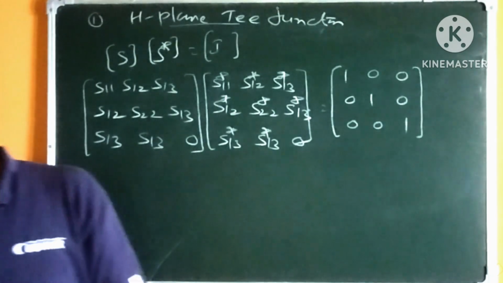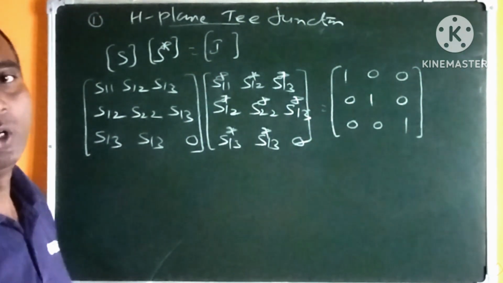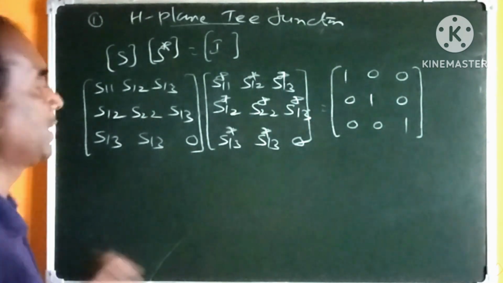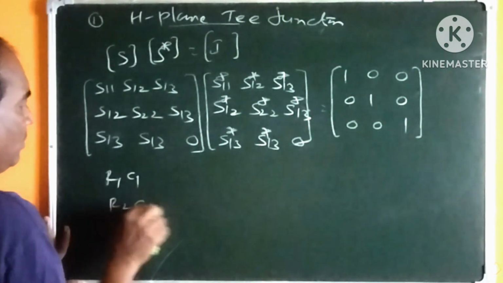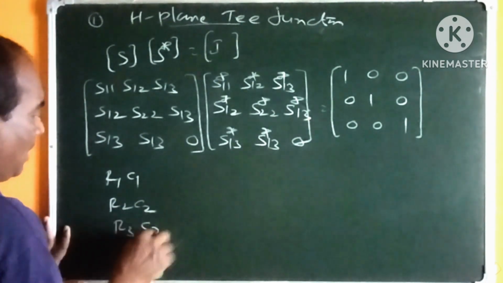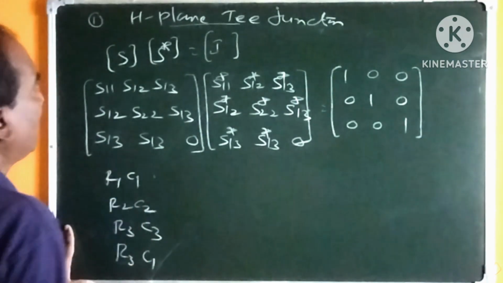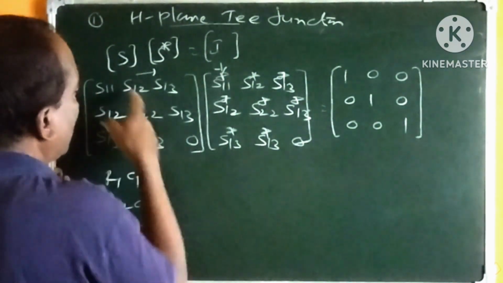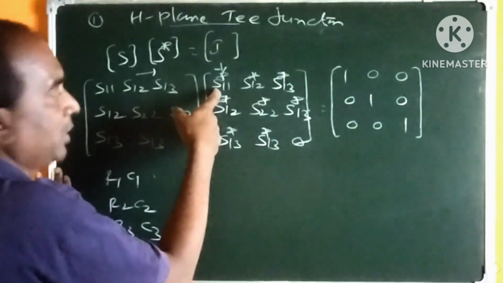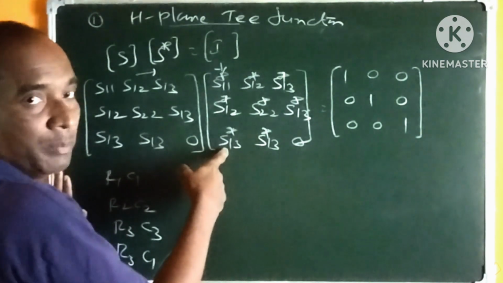Now to determine these unknowns, we can use row and column multiplication. Let us consider R1C1, R2C2, R3C3 and R3C1. So R1C1: S11 into S11 complex conjugate plus S12 into S12 complex conjugate plus S13 into S13 complex conjugate.